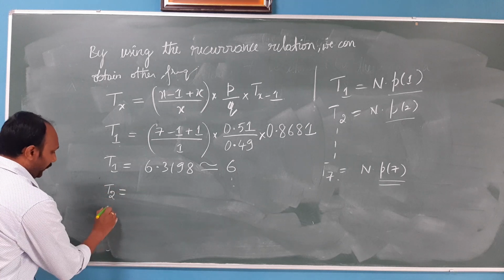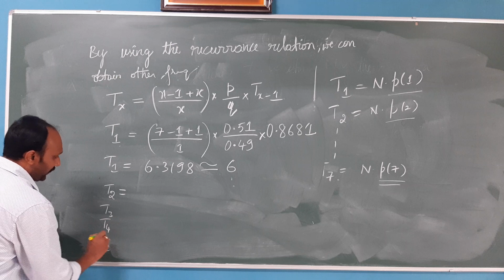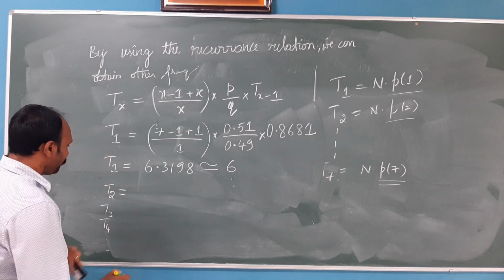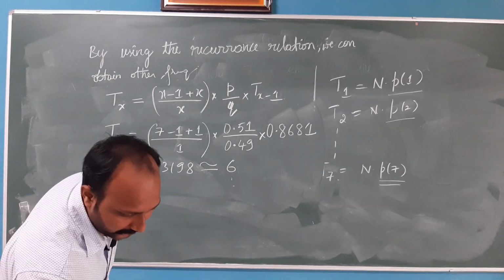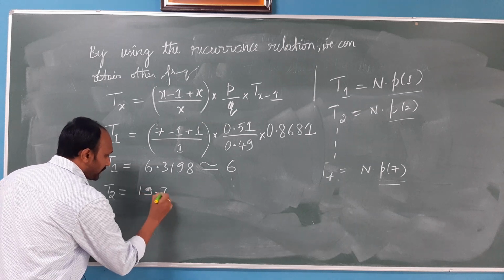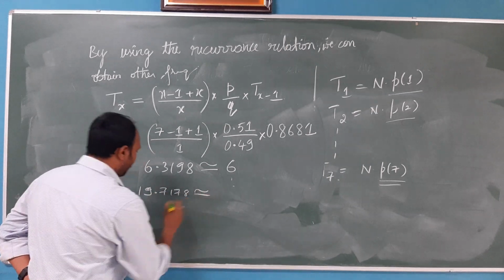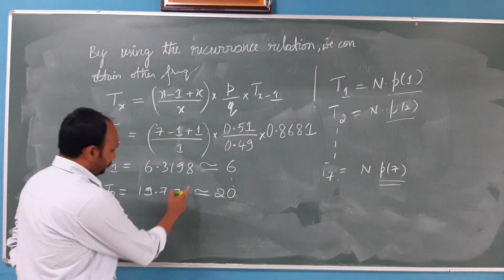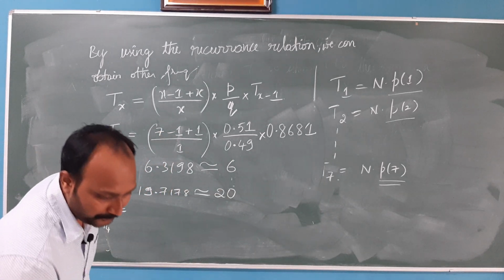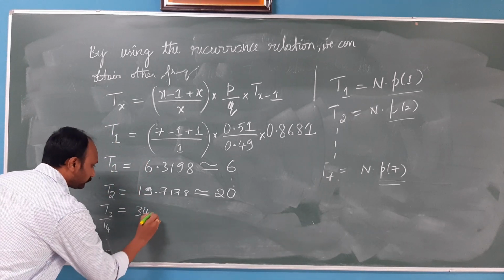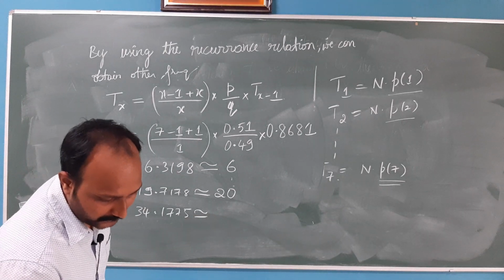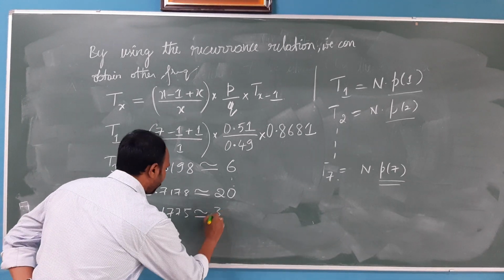Similarly T of 3, T of 4 and T of 5. I will be writing the final values. For T of 2 it is 19.7178, which can be approximated to 20. Next, T of 3 is equivalent to 34.1775, again approximated to 34.